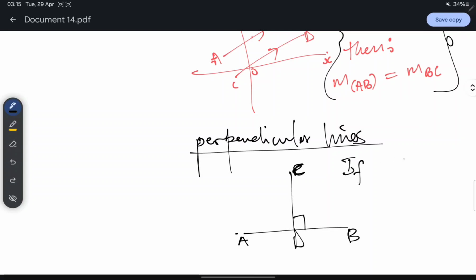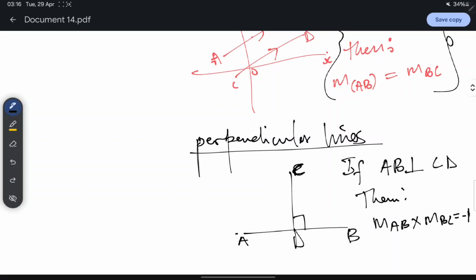If AB is perpendicular to CD, then the gradient of AB times the gradient of BC should be minus 1.